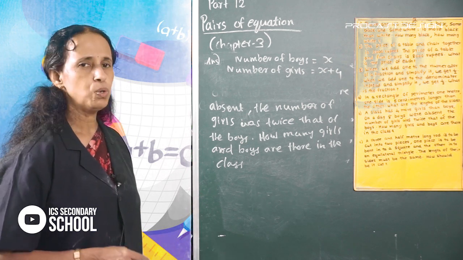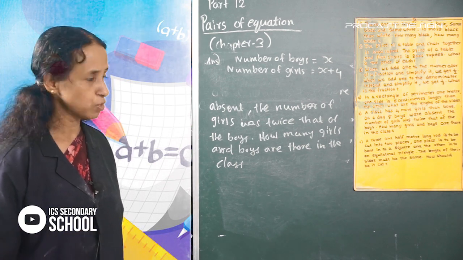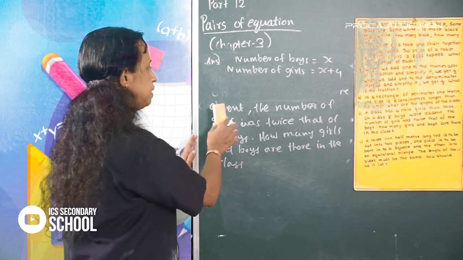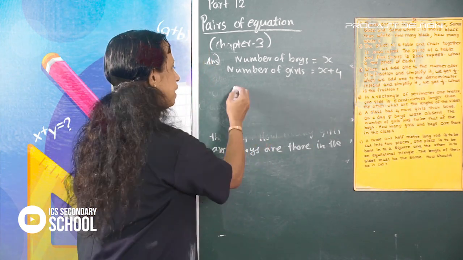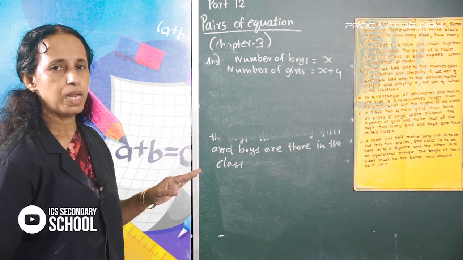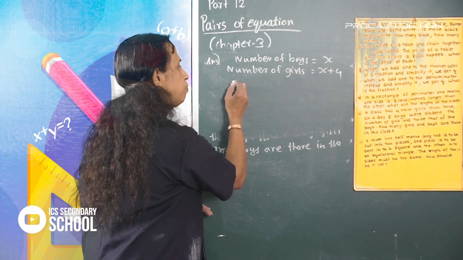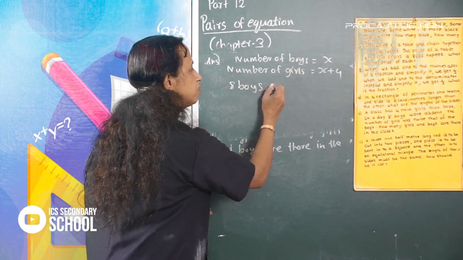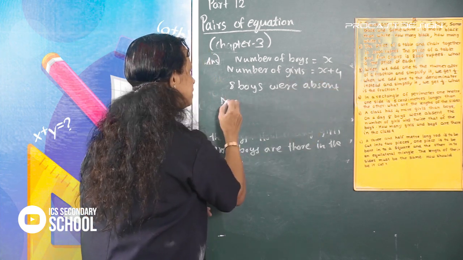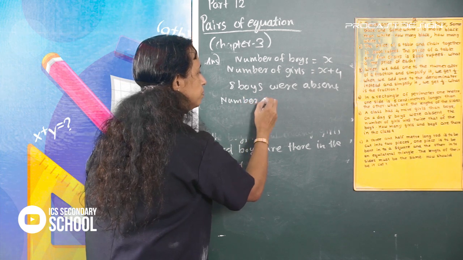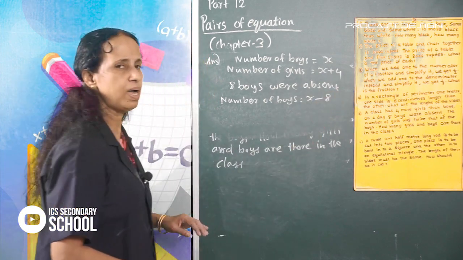Since 8 boys were absent, the number of boys equal to x minus 8.